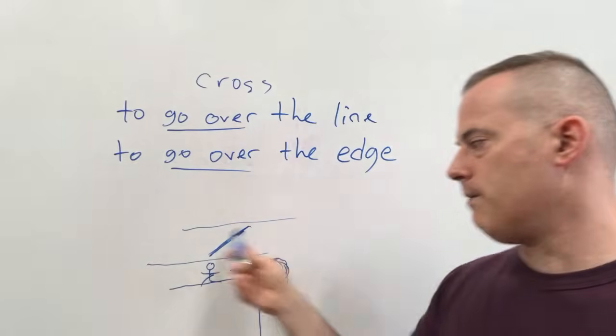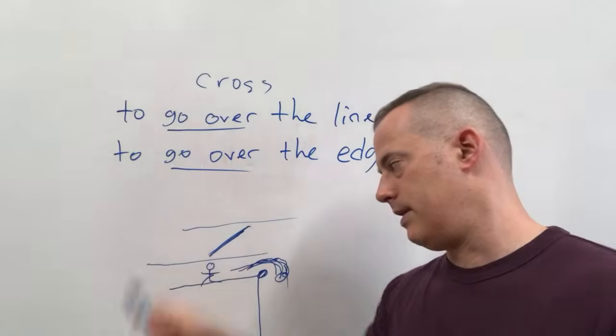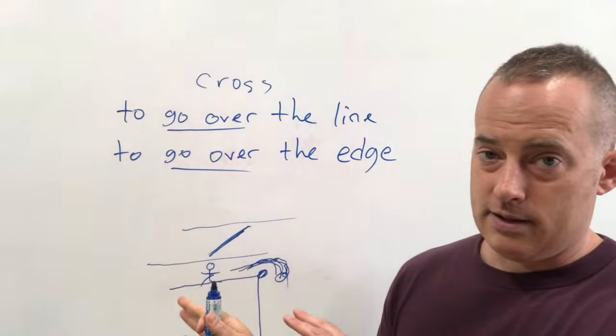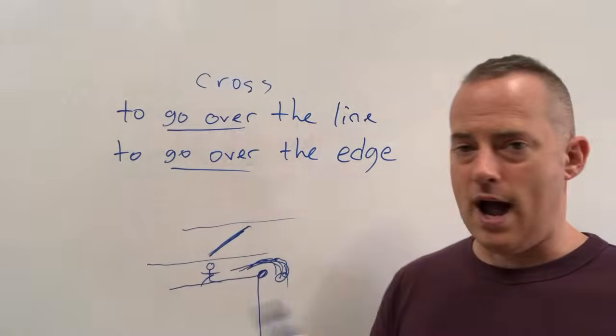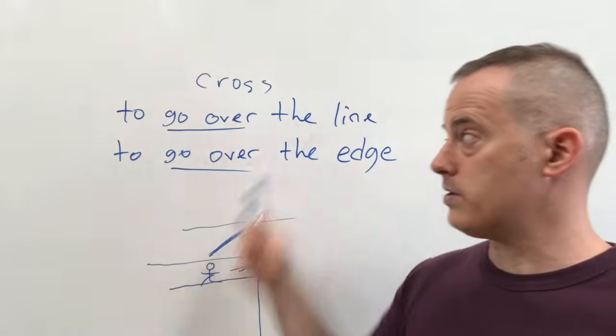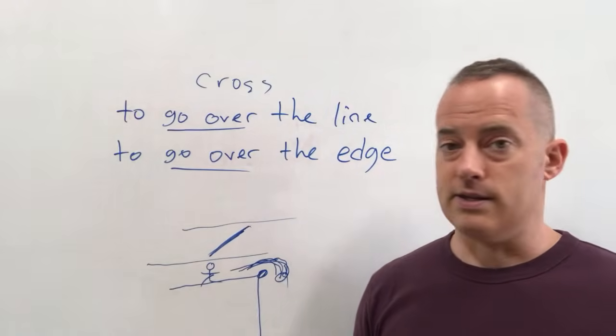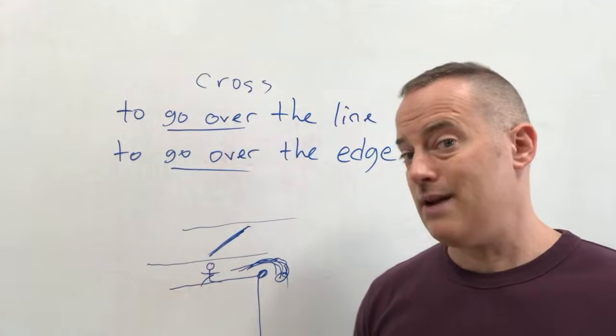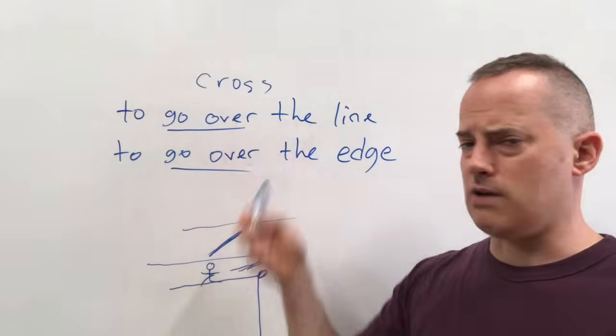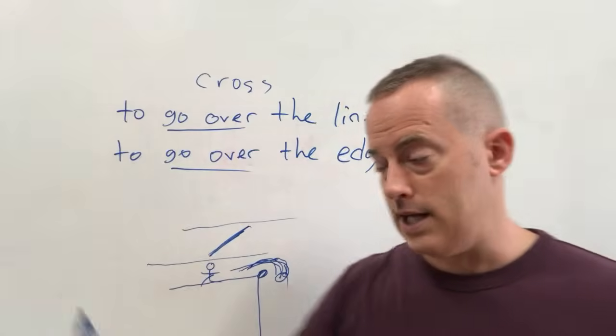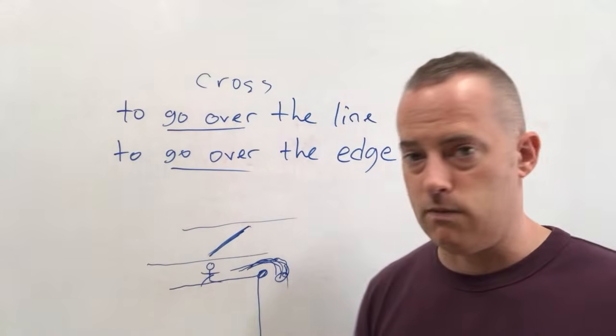Okay, so hopefully you can understand the difference here by looking at these two examples and seeing why we would use these in a conversation. So often we are using these things figuratively or metaphorically, and that just means we're not talking about somebody physically walking anywhere or someone physically going over a mountain.